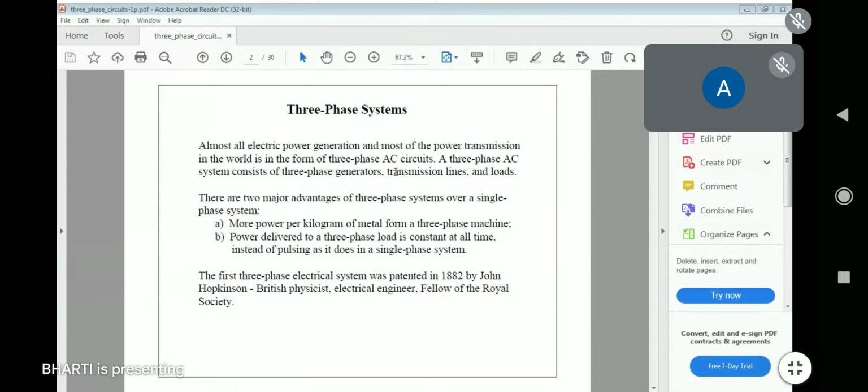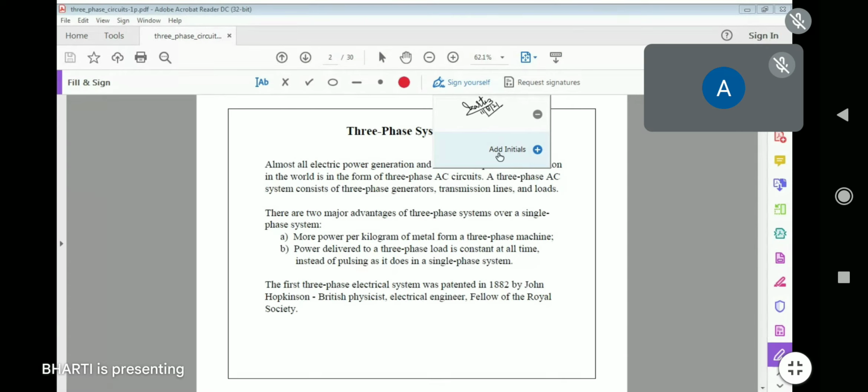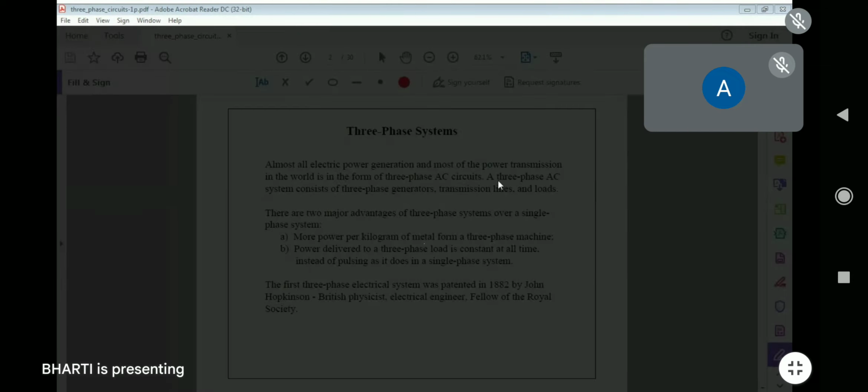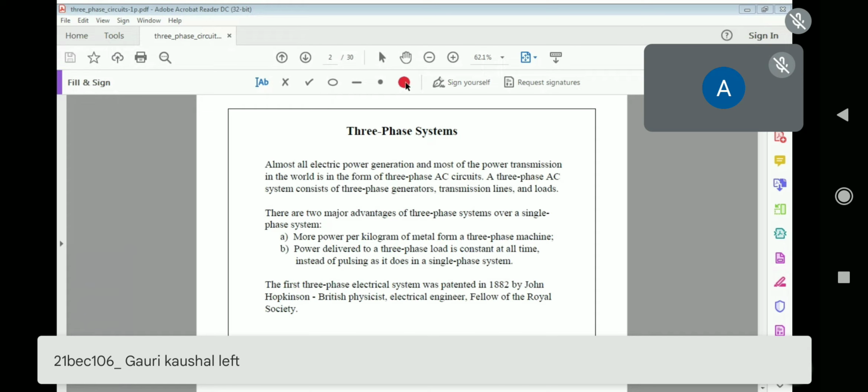Whenever the generation takes place, it is always three-phase generation.